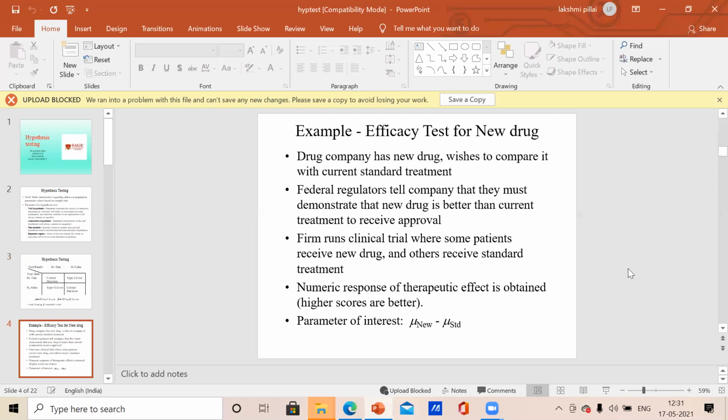On the basis of that, the probability of making a correct decision is 1 minus alpha, because the total probability is 1, and type 1 error is denoted by alpha. The probability of making a type 1 error is denoted by alpha. So if the type 1 error is removed, then 1 minus alpha will be the correct decision.